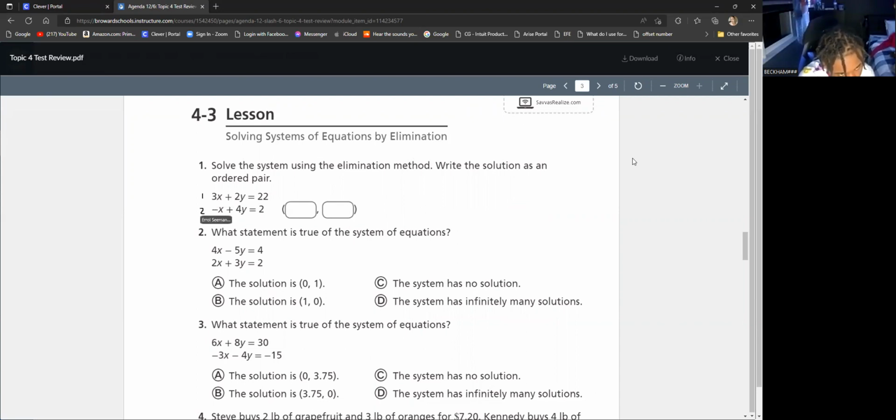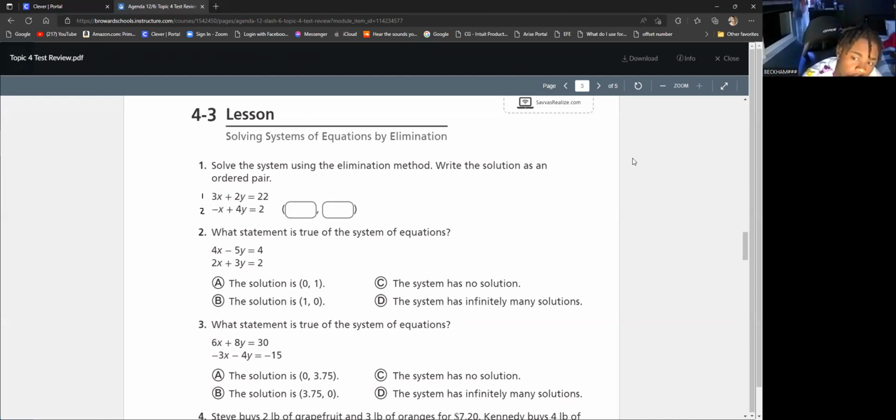What are we going to do to number 1 or number 2 so that the coefficients are the same? Multiply. Multiply which one by what? Multiply 2. By what? 3.